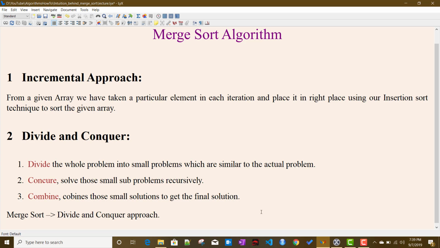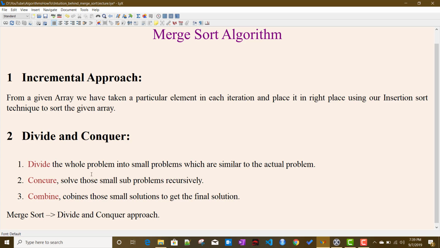So if I go by this particular approach, in the divide stage we can divide this input array into small sub arrays. In the conquer stage, we solve those small sub arrays, basically sort them, because we are dealing with a sorting problem.